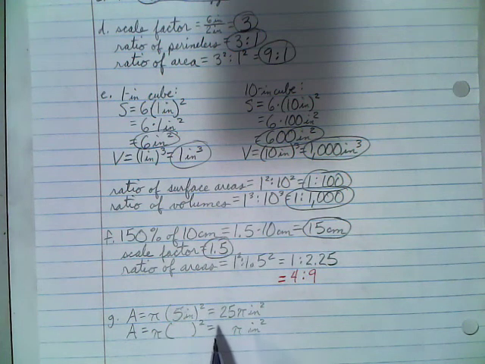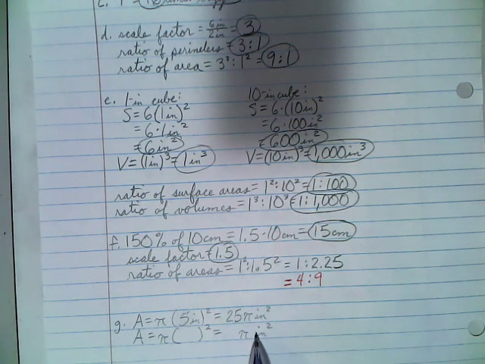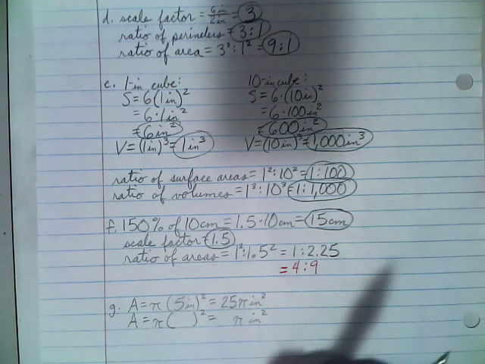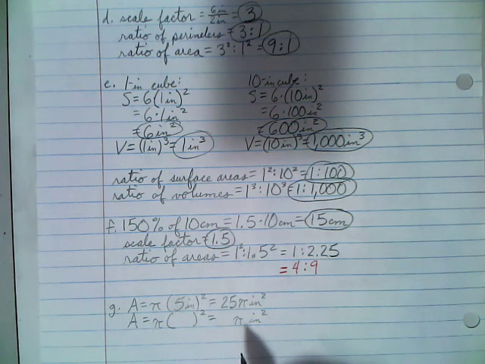If I take B, it's 14, so 14 is the diameter, then the radius would be 7. So 7 inches squared would be 49 pi square inches. Well, actually 49 is really close to double 25. It's just one off.